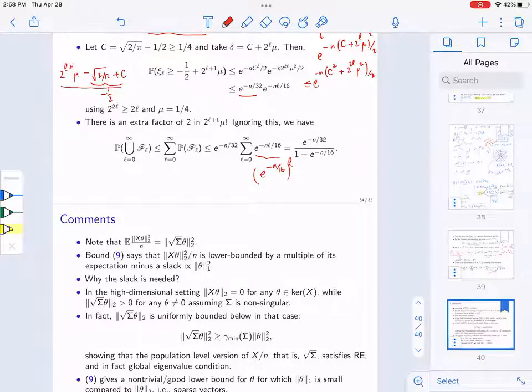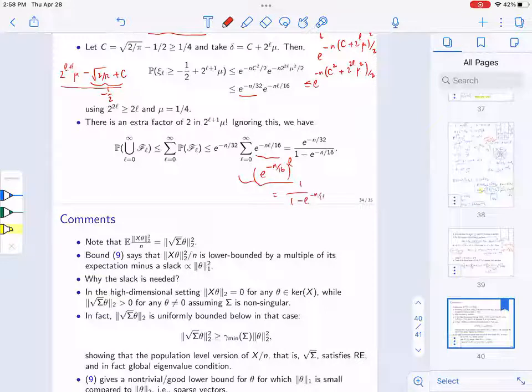You get basically 1. So this entire thing would be 1 over e to the negative n over 16. This really doesn't matter. When n is big, this is up to a constant e to the negative n over 32. So the overhead from the tiling, which is this part, is just a constant.